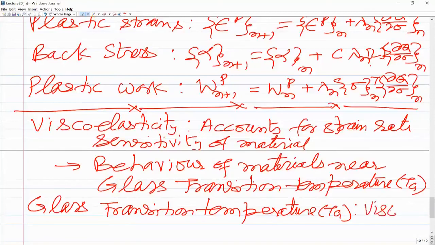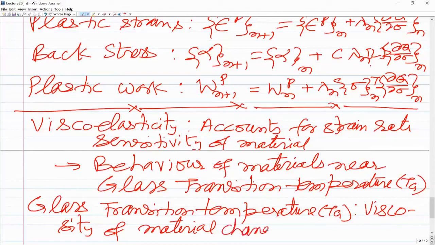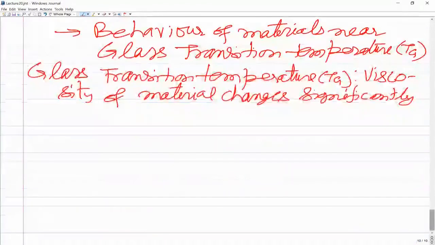The viscosity of material changes significantly due to change in molecular structure.